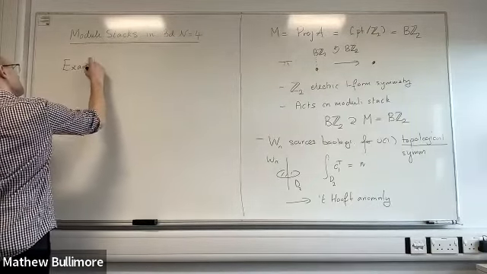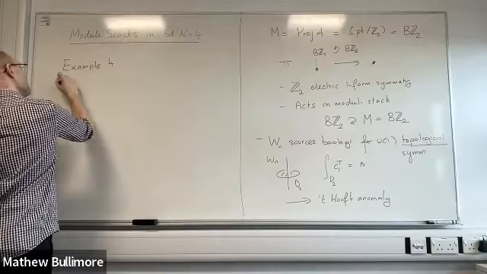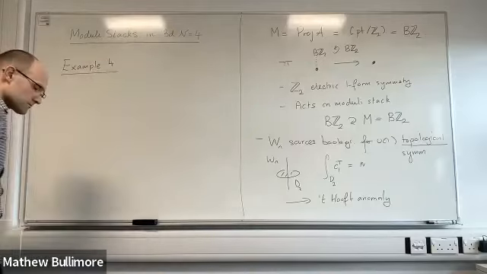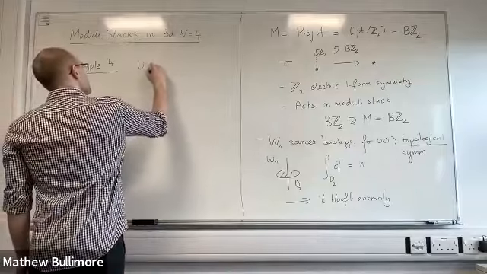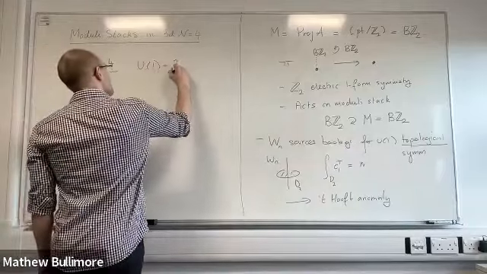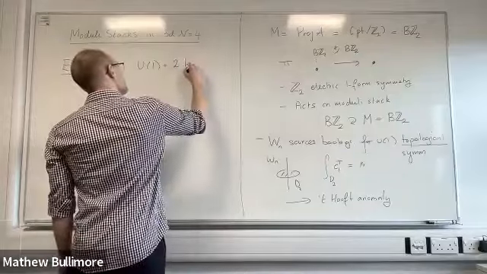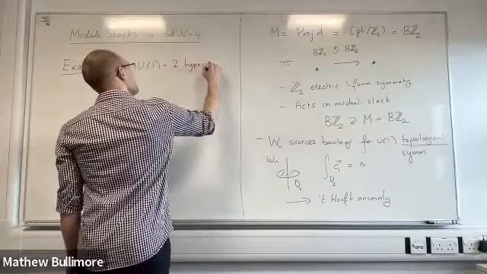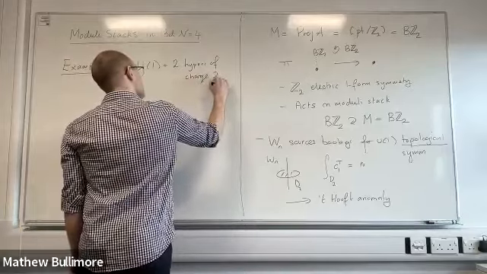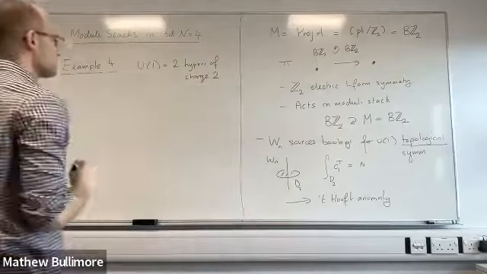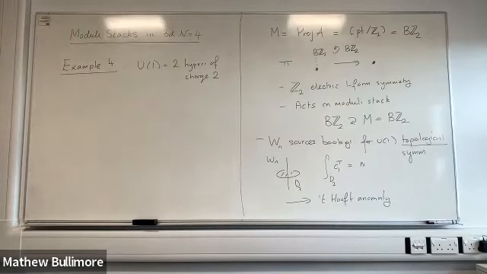So let me give an example. The theory that I want to look at is basically the same as before, but now I want to add two hypers of charge 2. So it's like the previous example, but doubled, with double the number of hypermultiplets.